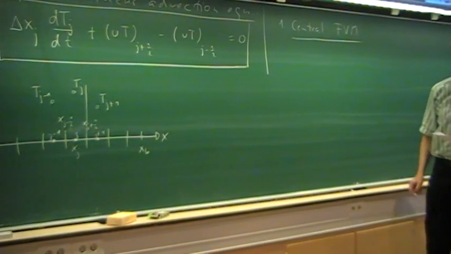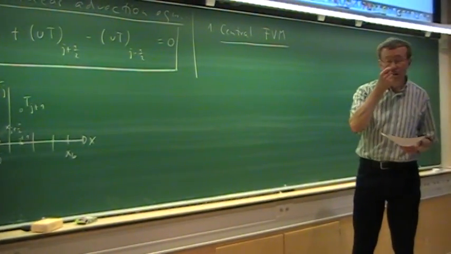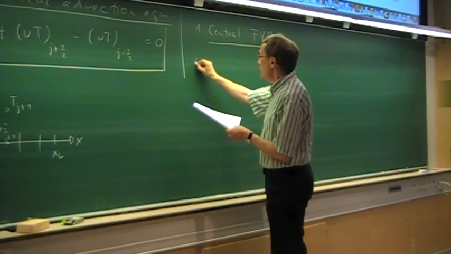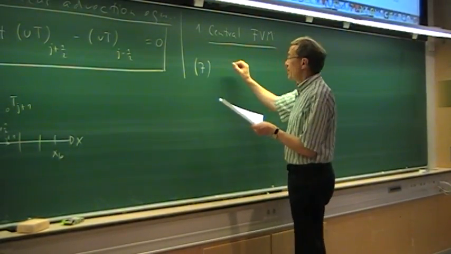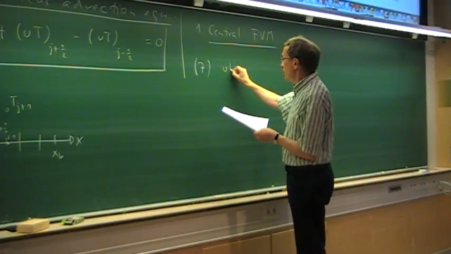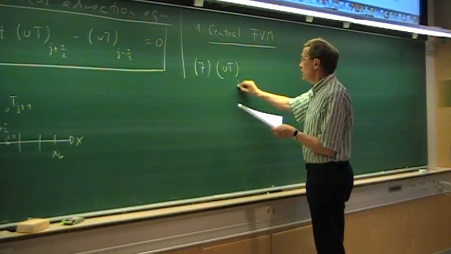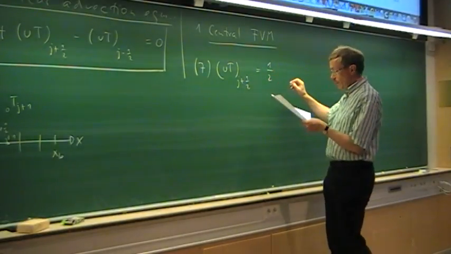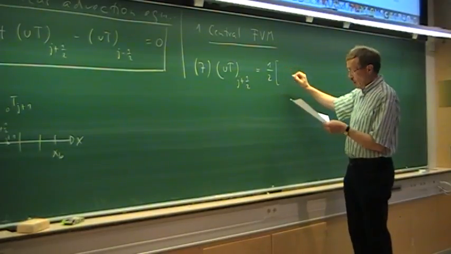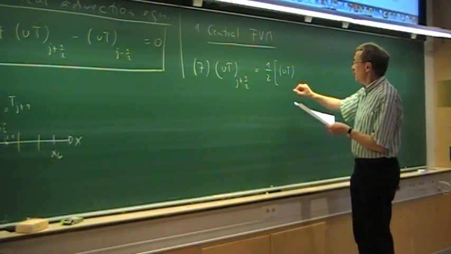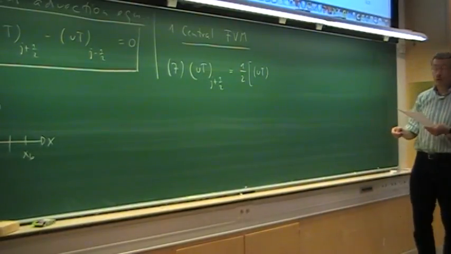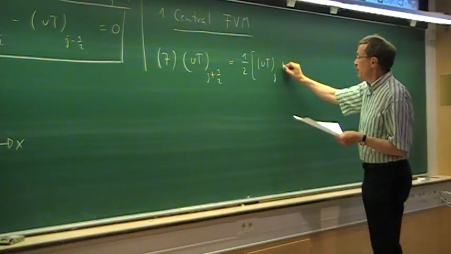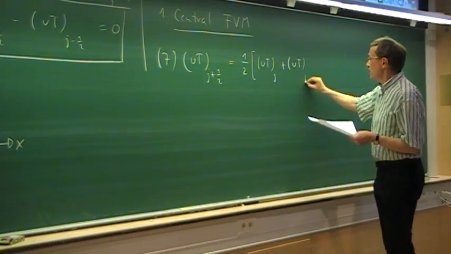We approximate that by the mean of the convective flux, and that is the following. We say we have equation 7, the convective flux at the face j plus 1/2 is defined by the arithmetic average of the value of uT in the cell j plus the value in the cell j plus 1.